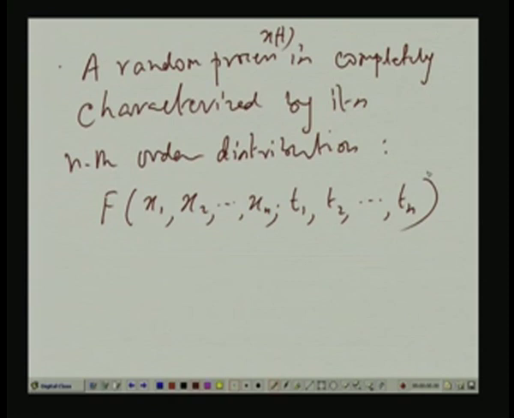So, if this is true for all n and all possible choices of t1, t2, ..., tn, then the process is completely characterized.